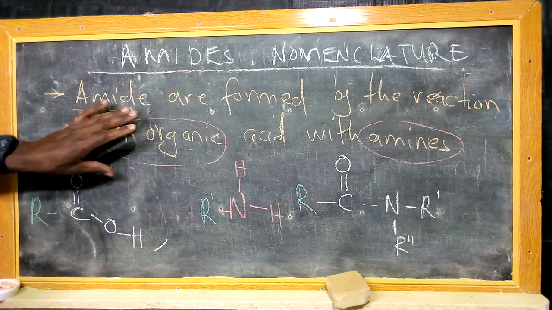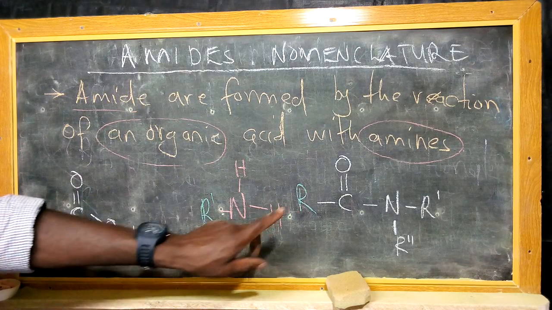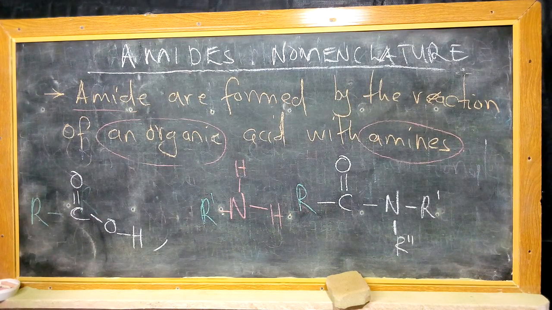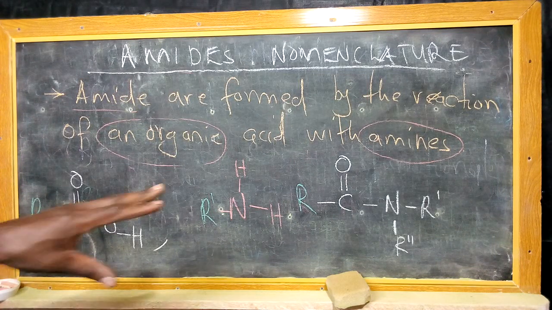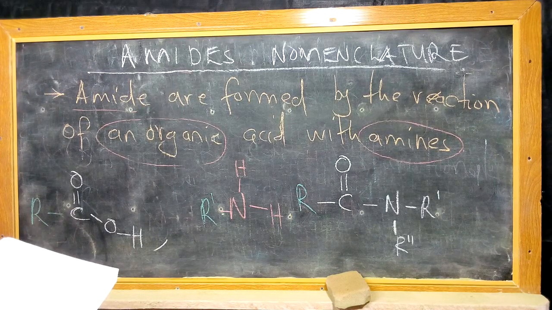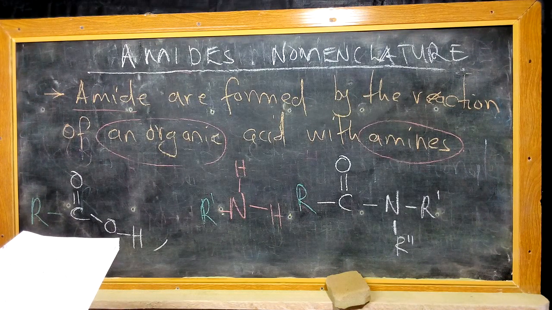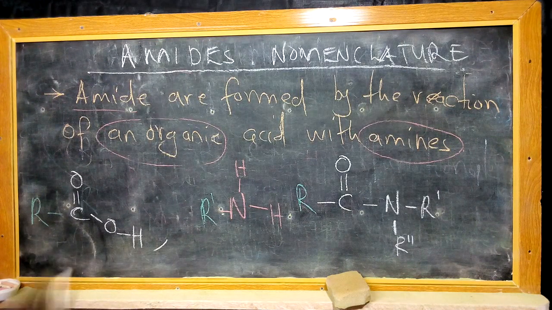So from this statement, the reaction between this one and this one produces the amides. If we try to see the change of orientation of this particular compound in order to form that, we will look at an example of how this one is formed, and that will give us a clue on how this reaction takes place.